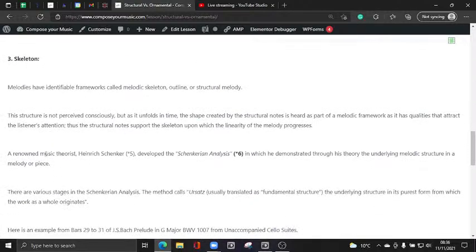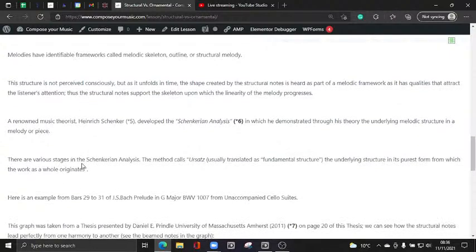Skeleton melodies are identifiable frameworks called melodic skeleton, outline, or structural melody. This structure is not perceived consciously, but as it unfolds in time, the shape created by the structural notes is heard as part of the melodic framework, as it has qualities that attract the listener's attention.